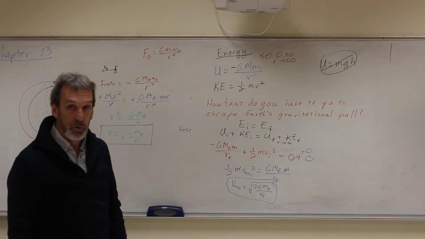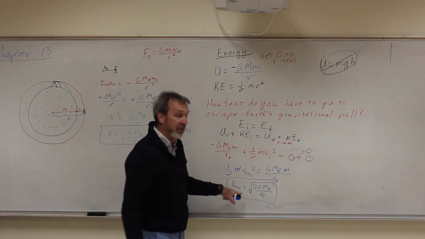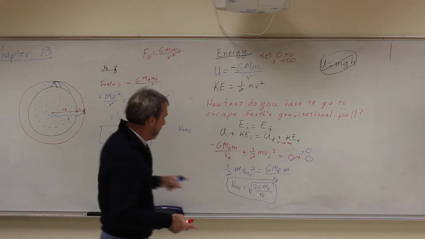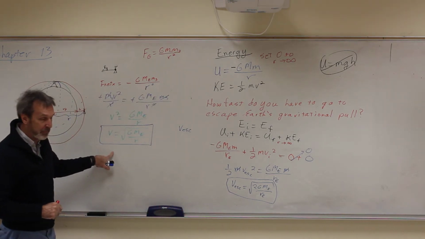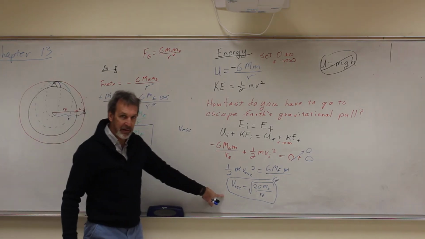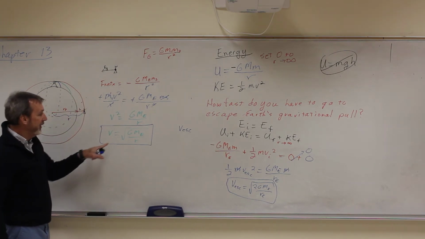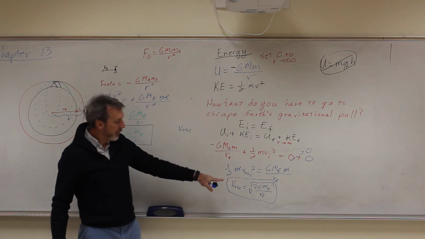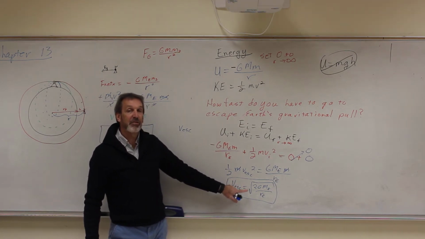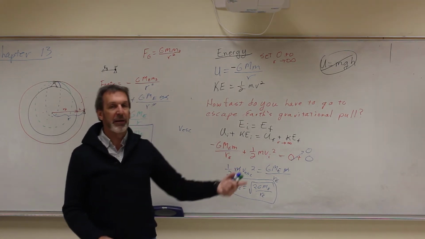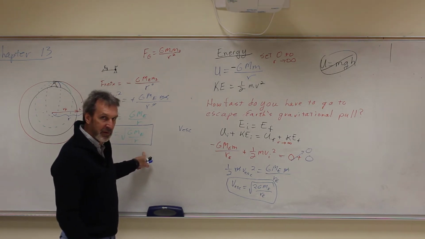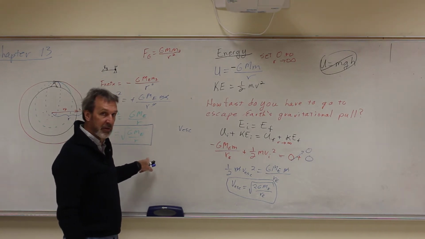If you're going to the moon, you've got to get this velocity. If you're just going to the space station, you don't. You have to get this velocity because it's in circular orbit. What's the difference between that and that? Well, look, they're both G M E over R, but with the 2. So the escape velocity is the square root of 2 times greater than the circular orbit velocity, or what we call the minimum energy velocity.